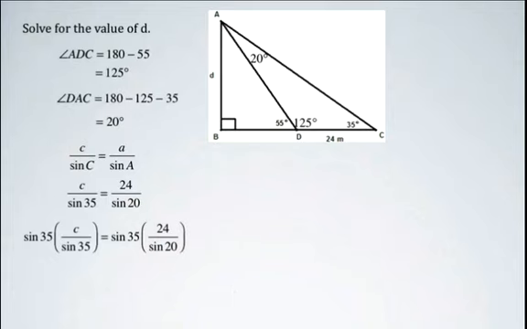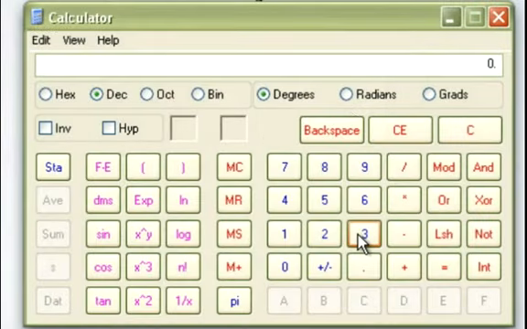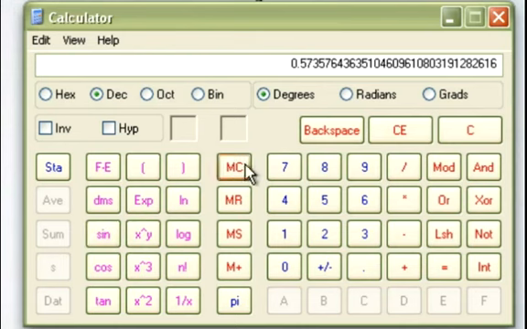And when we do this on our calculator, we input sine of 35, and on the PC calculator you put the 35 in first, then click sine, times 24, divided by 20 sine of 20.